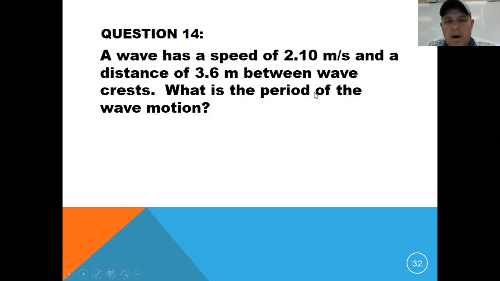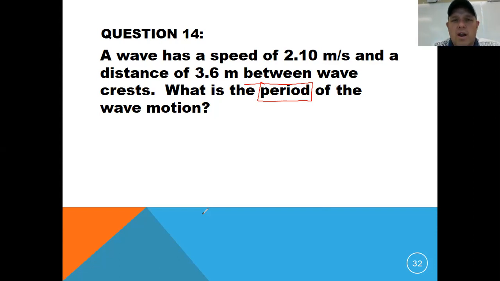All right, I'd like to hit at least one more question here, and let's read through this. A wave has a speed of 2.1 meters per second and a distance of 3.6 meters between wave crests. What is the period of the wave motion? Well, this one becomes a little bit more difficult.